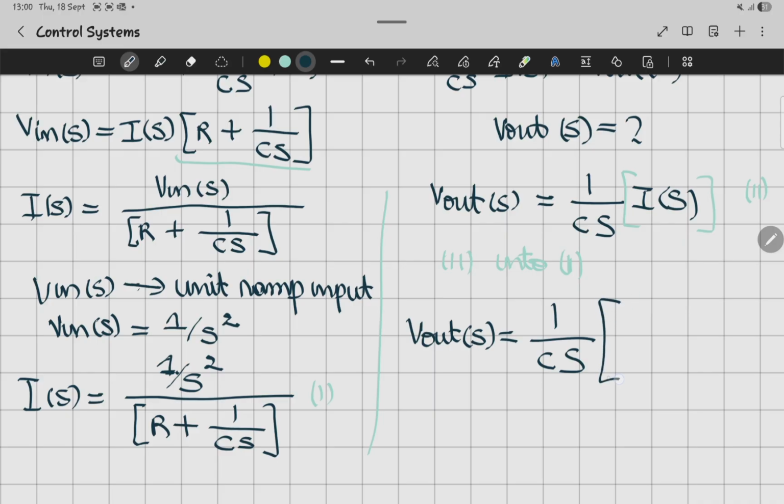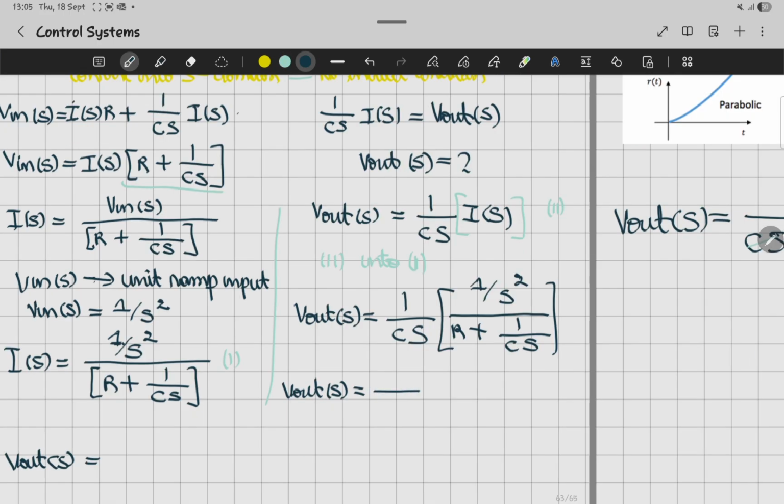So we're going to get an equation like this: 1 over S square, R plus 1 over CS. This is what we're going to get for V out. Okay, and then it's going to be something like this.